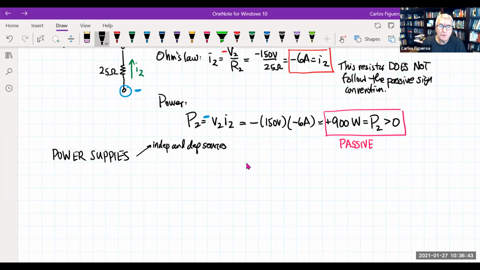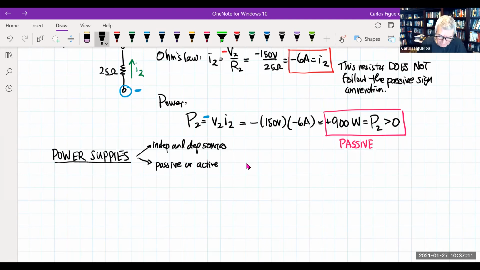And power supplies can also be passive or active, depending on the circuit here. So the whole idea is to tell you that there are 4 different varieties of power supplies.